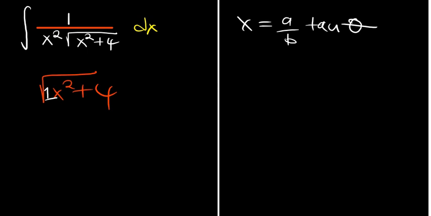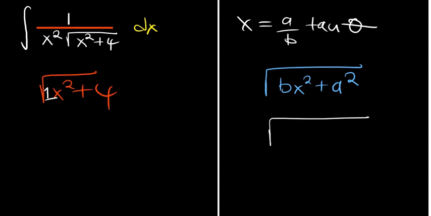In this case we just have 1 as a coefficient of x squared. Now remember, everything is supposed to be in the form of squares, so the basic form is bx squared plus a squared. Expressing the radical we have, it's going to be 1x squared plus 2 squared, and therefore our value of x becomes what?